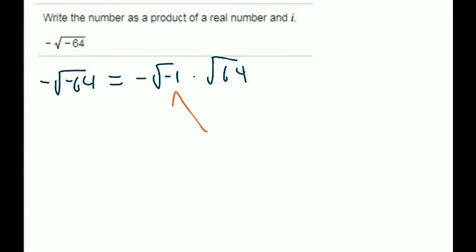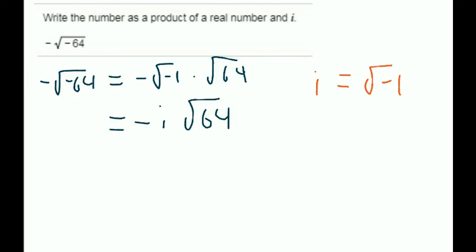Another way to think of this is we're basically using the product rule here. And again, remember that i is equal to the square root of negative 1. So we replace this first part with i. Now we handle the square root of 64. The square root of 64 we know is 8, so this becomes negative 8i.